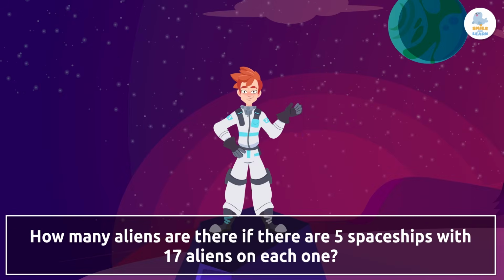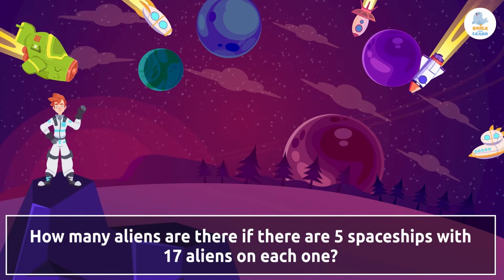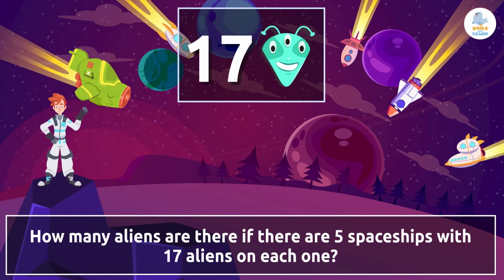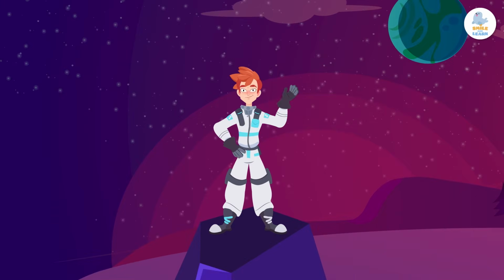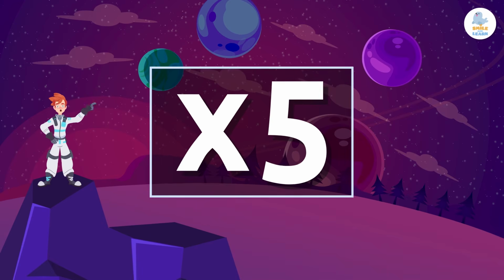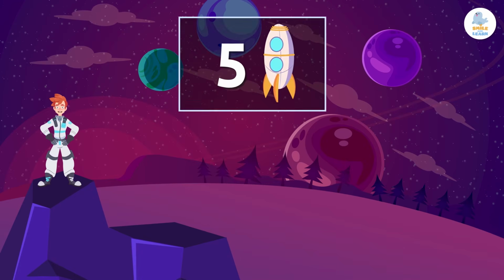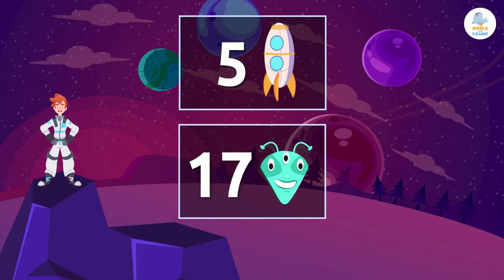How many aliens are there if there are 5 spaceships with 17 aliens on each one? Let's learn how to quickly multiply 5 by an odd number. We know that there are 5 ships and 17 aliens are on each one.